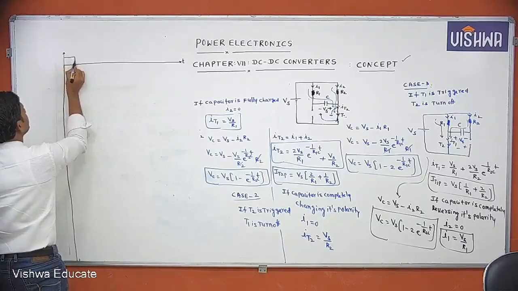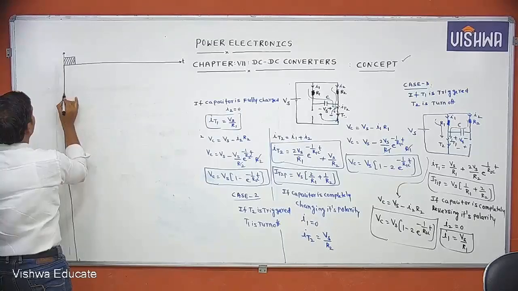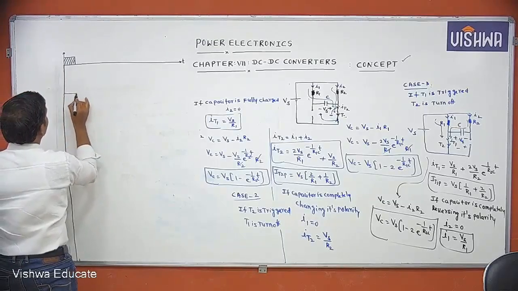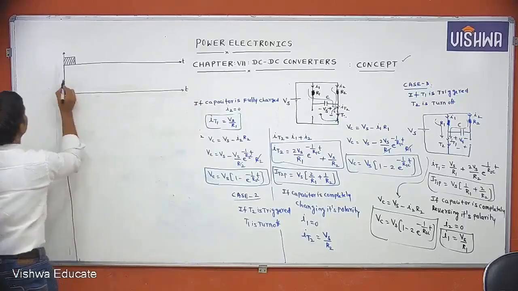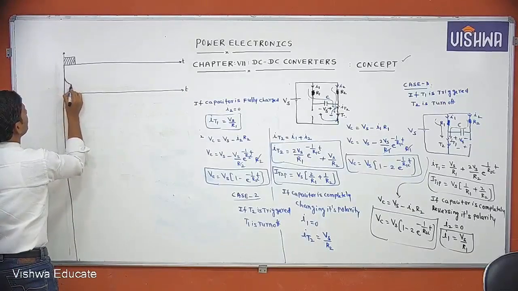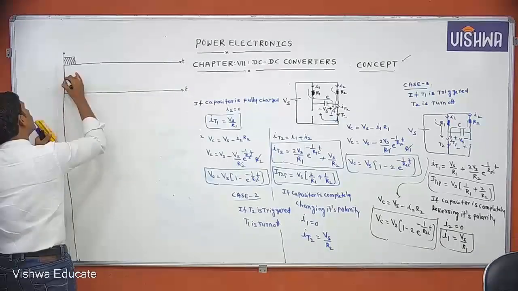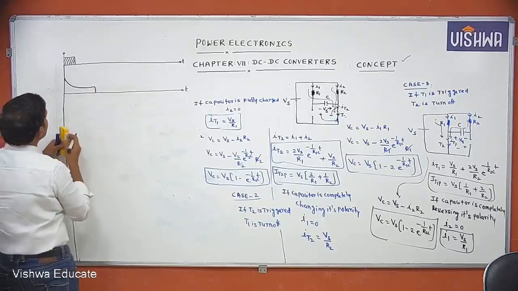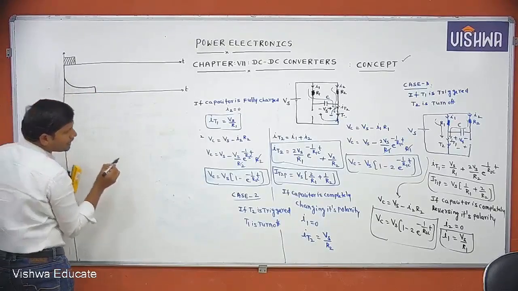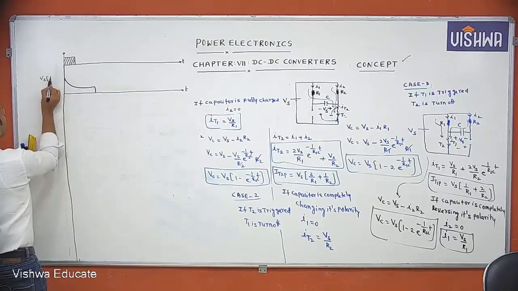Initially, let T1 be triggered. A triggering pulse is applied to T1. Then this is the current through T1, the current waveform. Initially, the peak current is Vs into 1 by R1 plus 1 by R2.